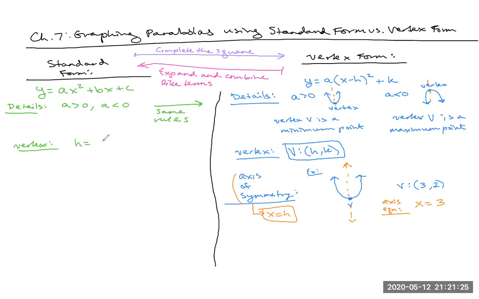H is actually given by negative b over 2a. And k is the function value at negative b over 2a. So your vertex V, which was (h, k), is now at negative b over 2a, f evaluated at negative b over 2a.